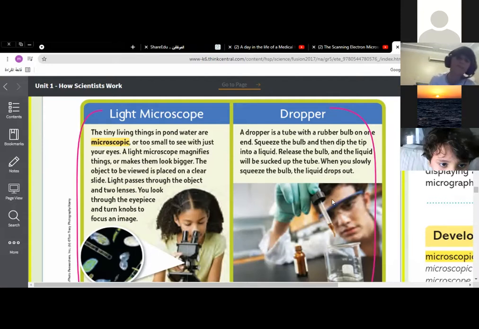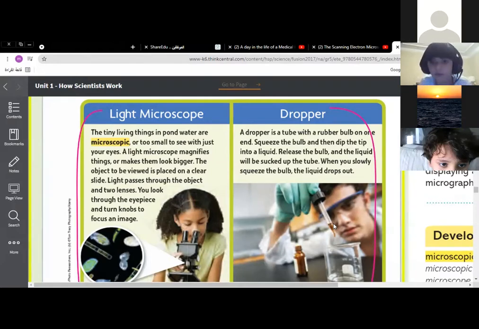Yeah. So if you go into the lab, you will find this dropper in the lab. And here in this text, you can understand how we can use this dropper in the lab. Squeeze the bulb. You can see the bulb of this dropper at the top.